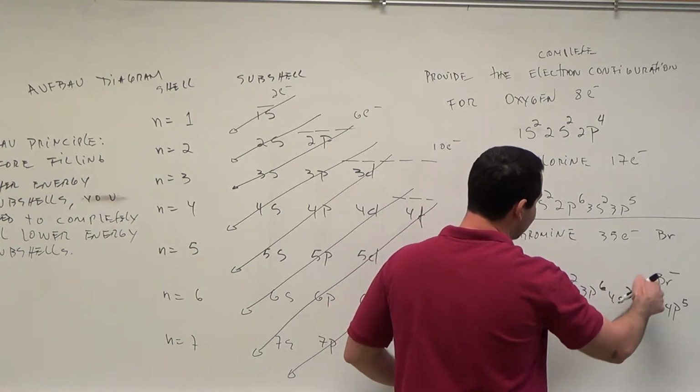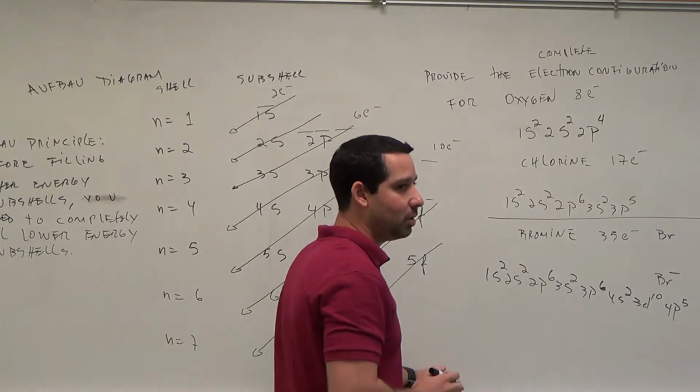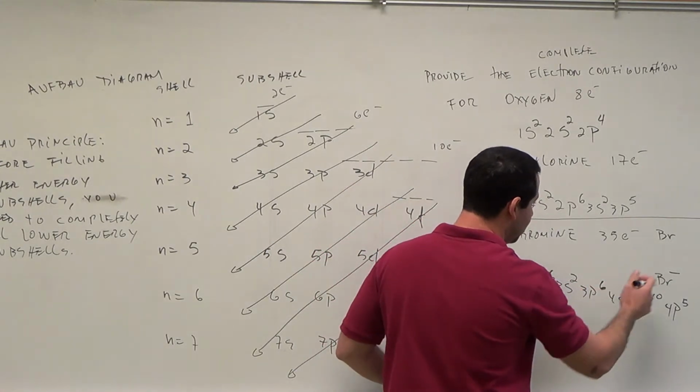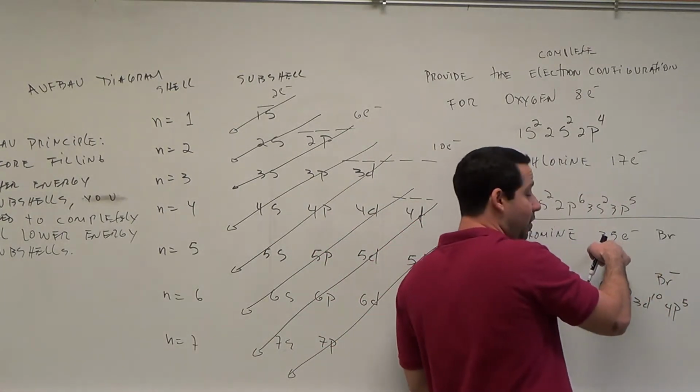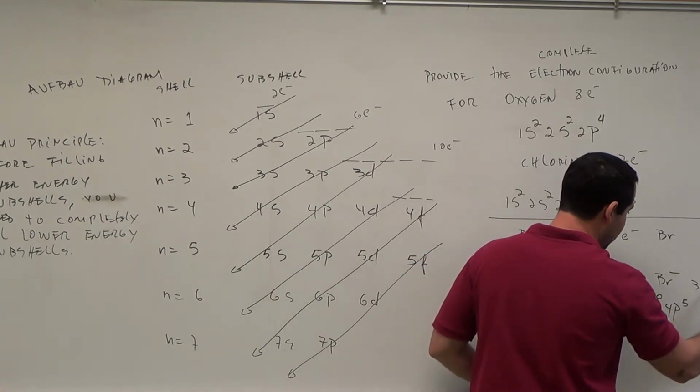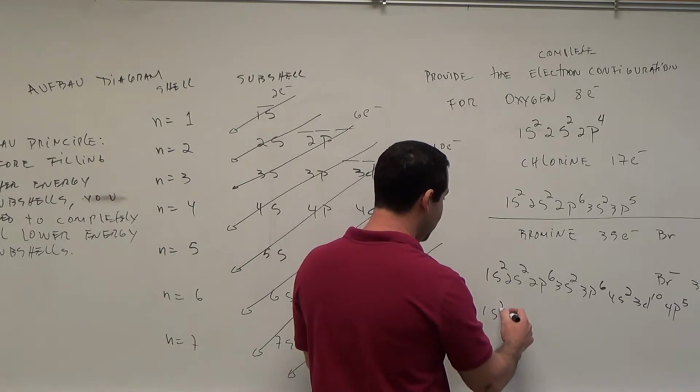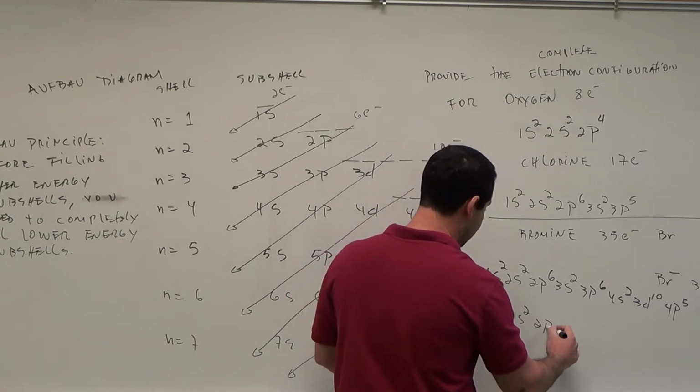Outstanding. So far this is called complete electron configuration. Now, if a bromine has a minus charge, what has it done? It has gained an electron, so the amount of electrons, instead of 35, would now be 36 electrons. It will be the same electron configuration, with only one difference.